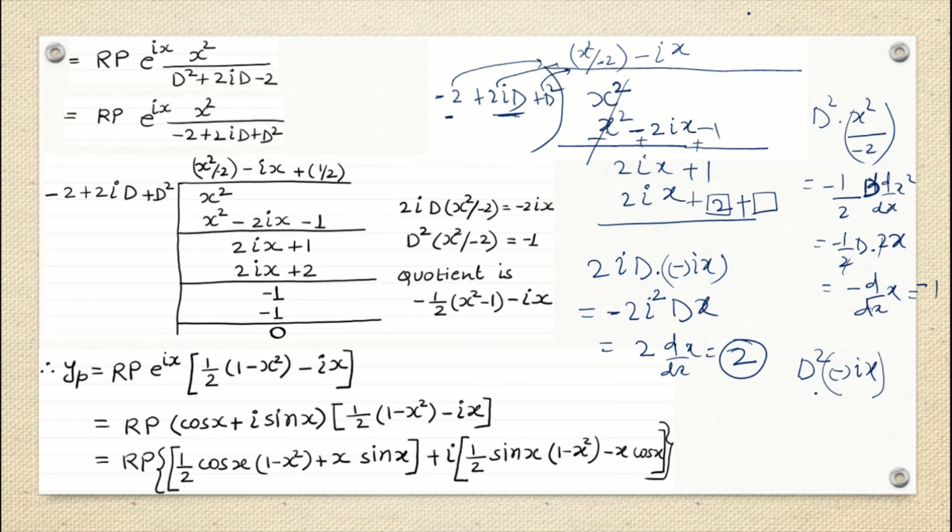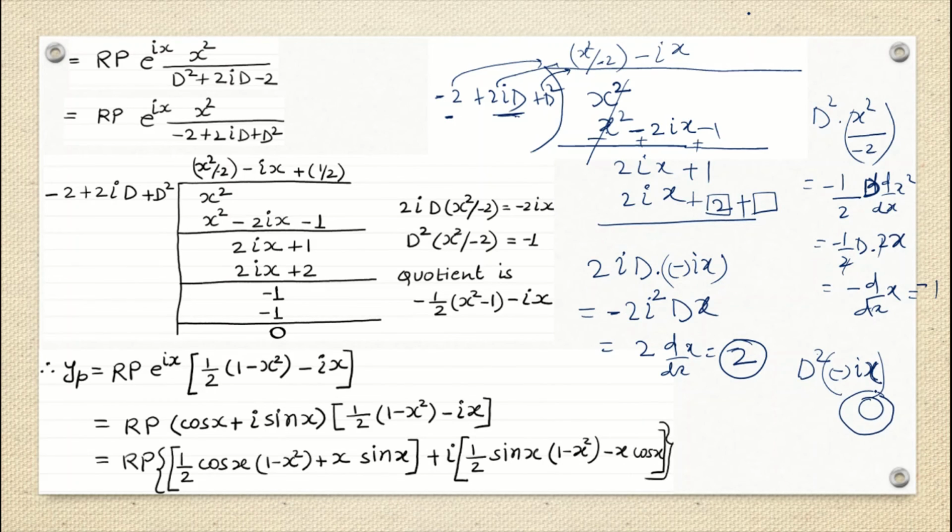But we had seen in type 3 that whenever I am going to perform d square of anything, here it should have power more than 1, that means 2 or more than 2, so that it should give me some answer. If the power of x is less than 2, if it is 1 or 0, then it will give you 0 only, correct?